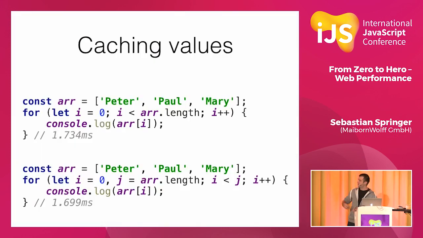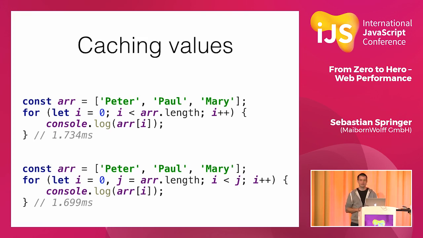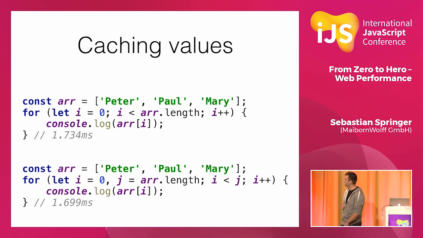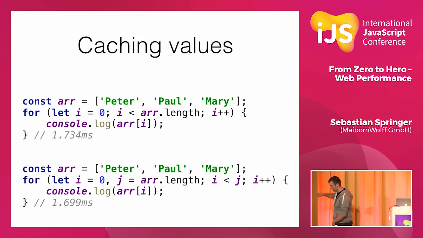What's the difference? This is code. And there is something about caching values. And the first one is not cached and the second one is cached. The hint is the length of the array.